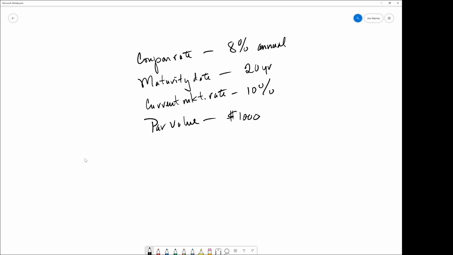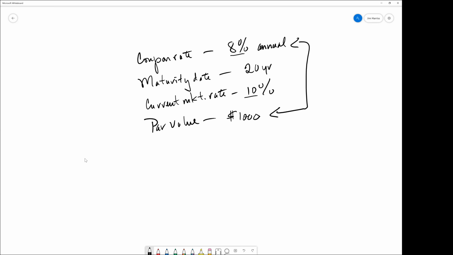Well, because the current market rate, 10%, might only be good for 3 months, 6 months. What you've done is you've locked in an 8% rate of return on the par value. Now that's important, okay? On the par value for 20 years. But you're still saying, well, wait a minute, that's still 2% less. Actually, it's not going to be, because the bond's going to be sold at a discount, which means less than $1,000.